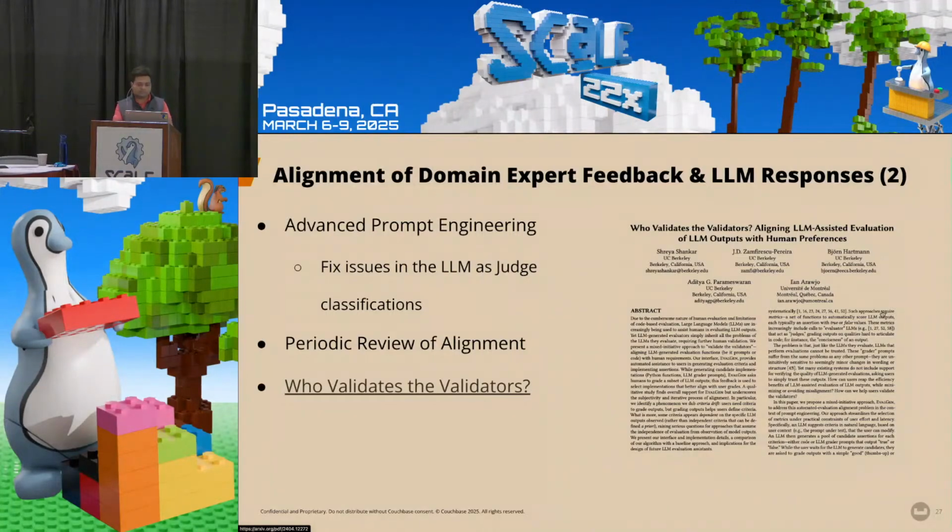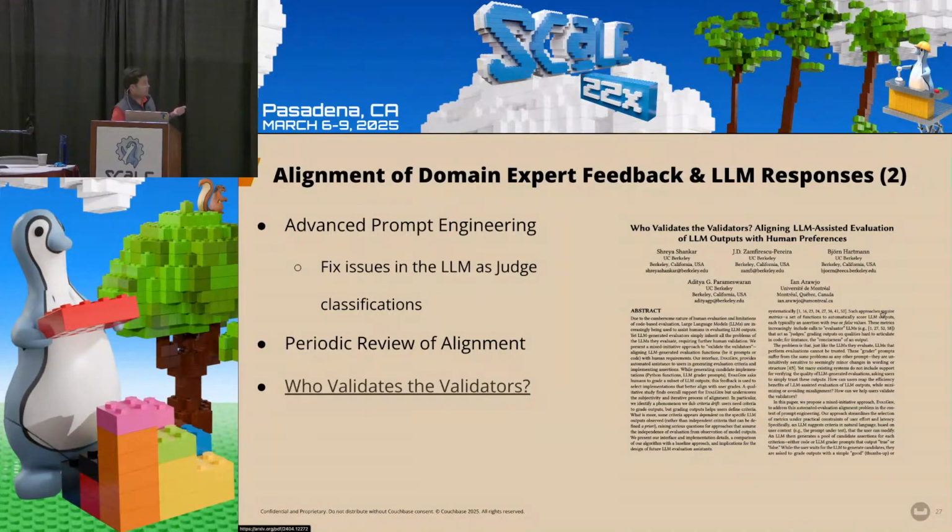It's from UC Berkeley, called Who Validates the Validators. It's a really good paper where they give you some ideas that you can explore to ensure that your LLM as a judge and the human domain expert get more and more aligned.